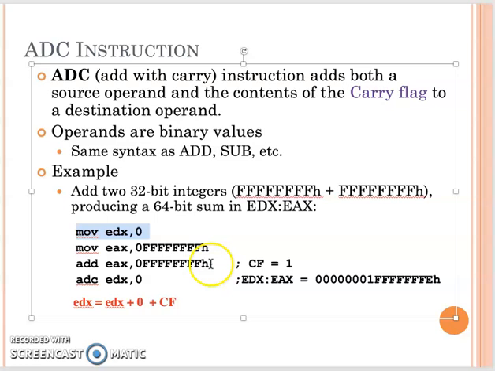Supposedly, when we only had the add instruction, after they add together, the EAX value would be FF, FF, FF, FE. But one thing is, they did have the carry flag set.